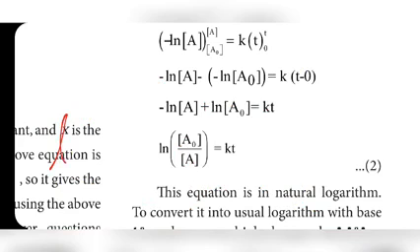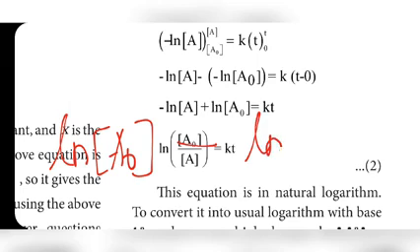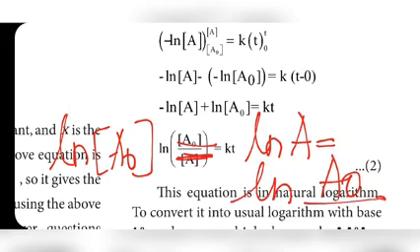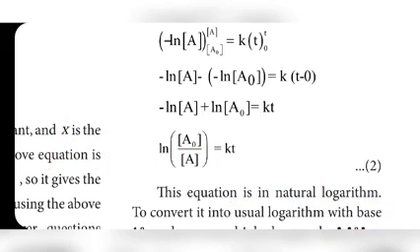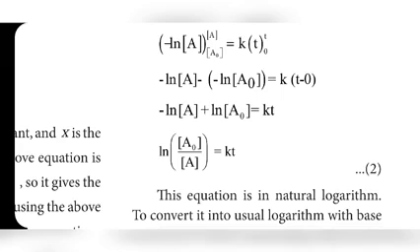So here log A naught minus log A can be converted into log A naught by A. So in this step, the equation is converted to log A naught by A is equal to kt.